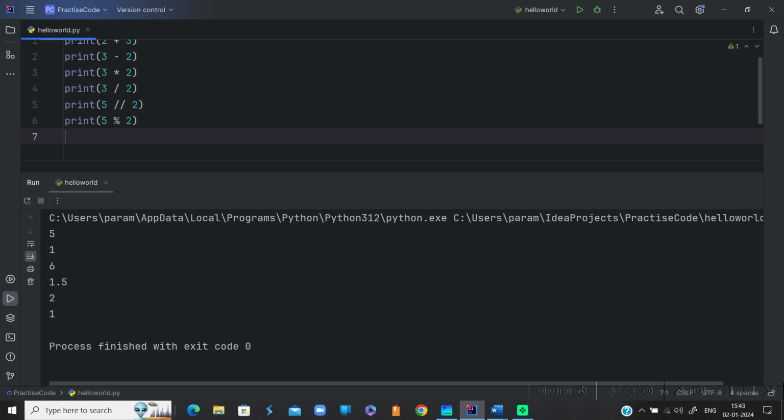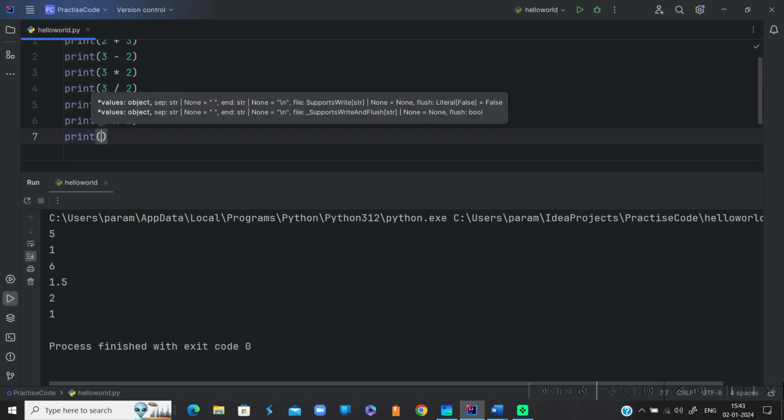Now I want to do something a little more complicated. If we do some arithmetic operation, we want a result as we expected, but Python will give some other output. Just check it out.